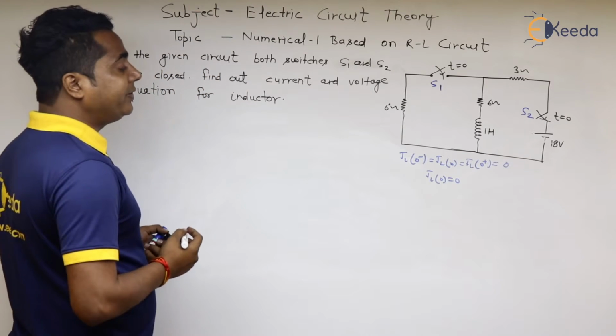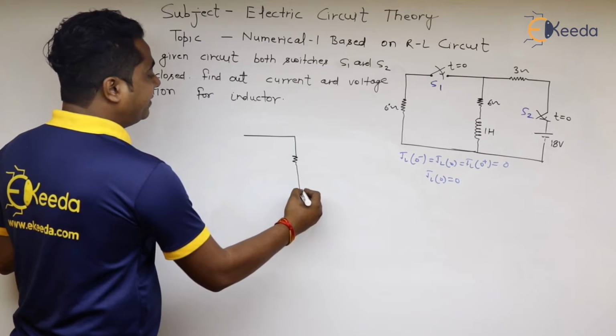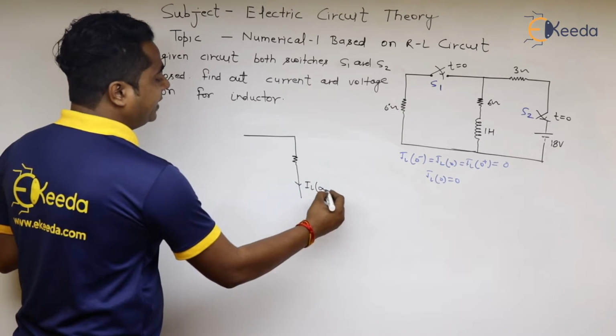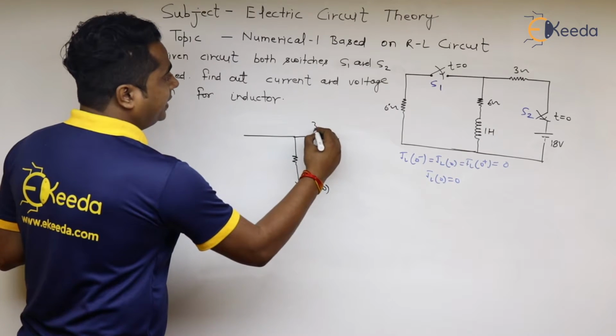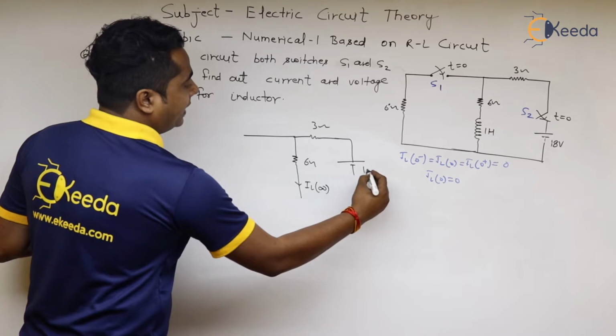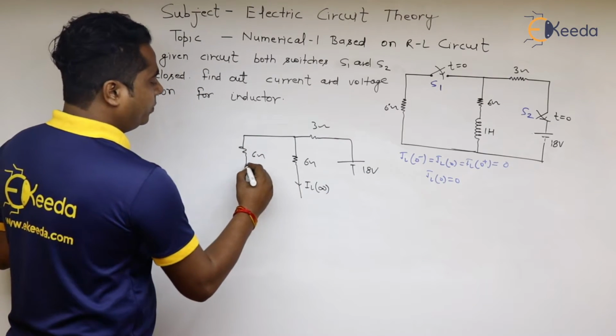At t is equal to infinity, this inductor will be fully charged, and that can be represented as short circuit. So this is your IL infinity, and this is 6 ohm, this is your 3 ohm, and this is your 18 volt, and this is your 6 ohm.